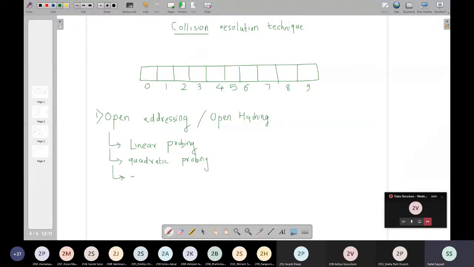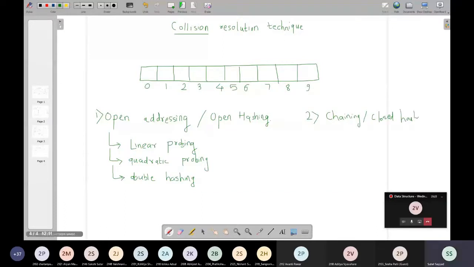And the third type of open addressing or open hashing scheme is double hashing. So as I told you, there are two types: open addressing or open hashing, and chaining or closed hashing.